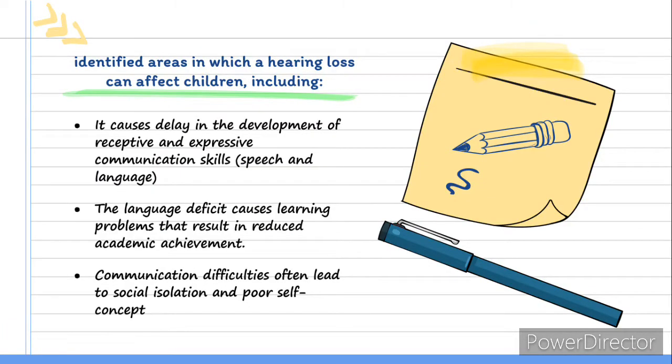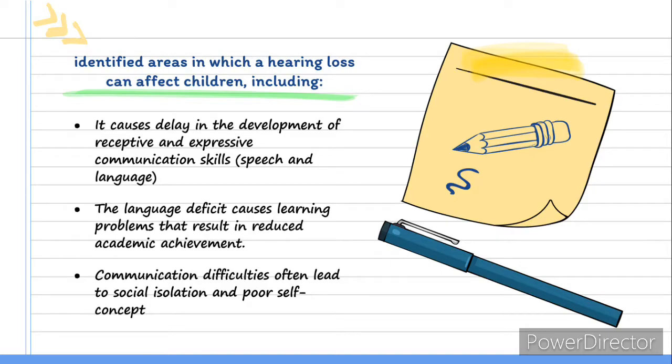There are identified areas in which a hearing loss can affect children, especially in school. First, it causes delay in the development of receptive and expressive communication skills, or the speech and language skills. Next, the language deficit causes learning problems that result in reduced academic achievement.